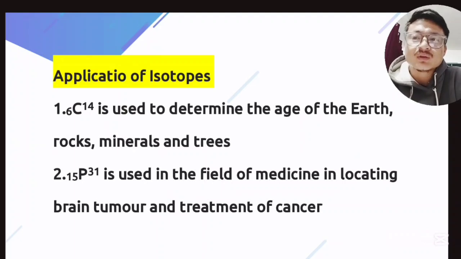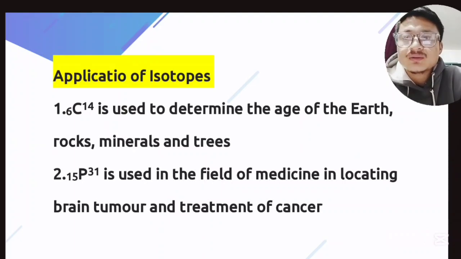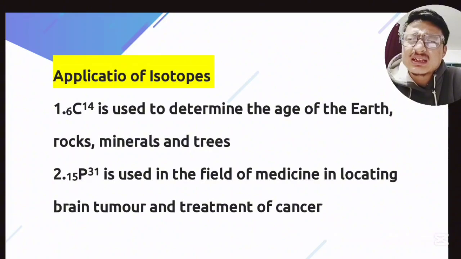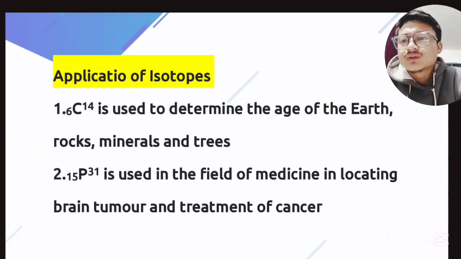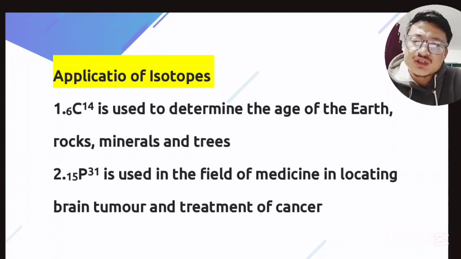Let us look at some applications of isotopes. Firstly, carbon-14 is used to determine the age of the earth, rocks, minerals and trees.